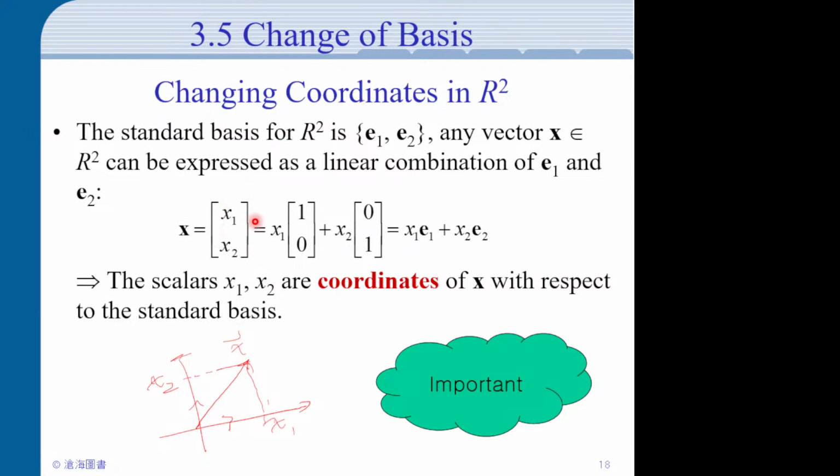We write x1 and x2 as a vector in, say, R^2. Then this is actually x1 times the first standard vector e1, and x2 times the second standard vector e2. And so x1 and x2 are called the coordinates of your vector x.